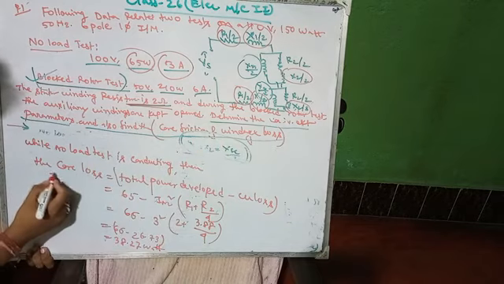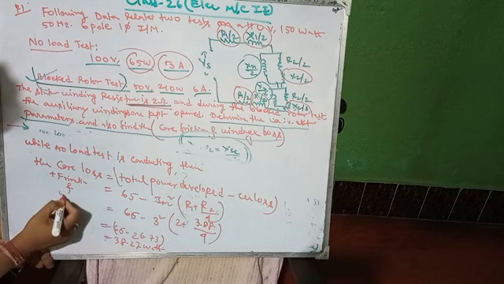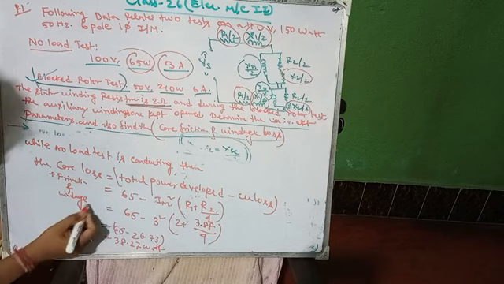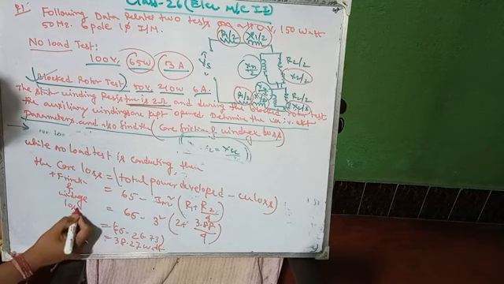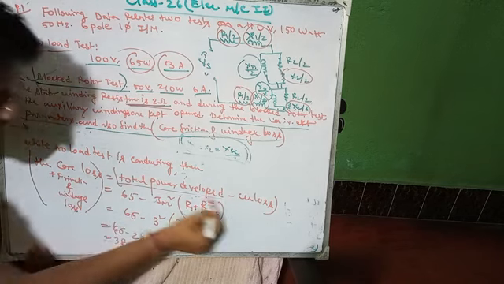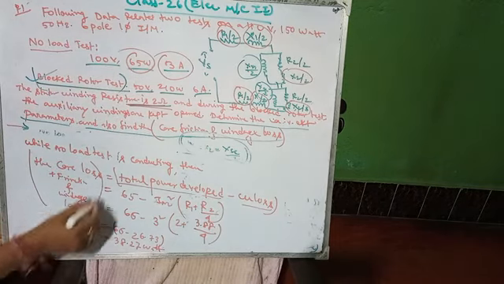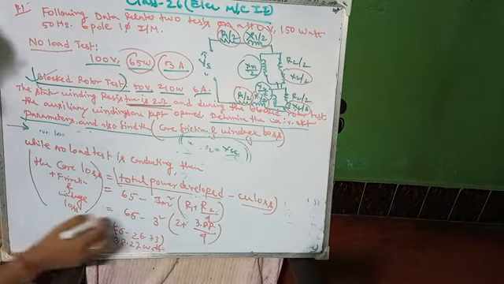So that is core loss plus friction and windage loss. Okay, so there are 2 more losses, right? Friction and windage loss. So total core loss and friction and windage loss equals total power developed minus copper loss. Total power developed is nothing but core loss plus friction and windage loss and copper loss.